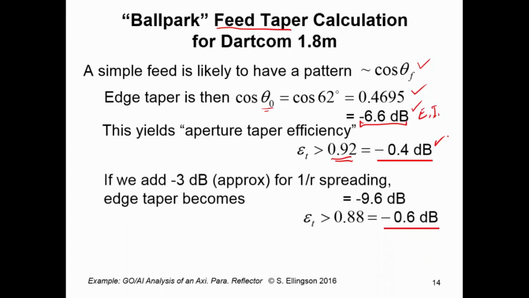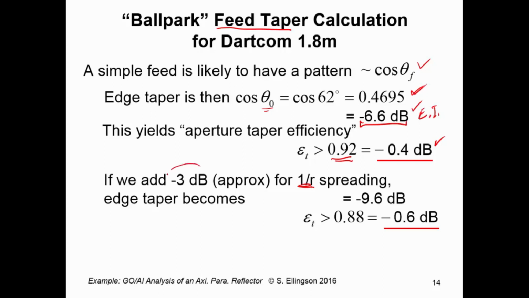Now, this doesn't account for everything because we also have this 1 over r spreading, right? In other words, it's not just the magnitude of the field at the dish, there's also the fact that we have spreading from the feed point to the dish.